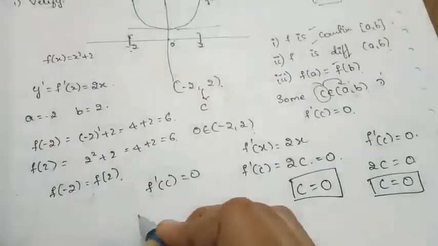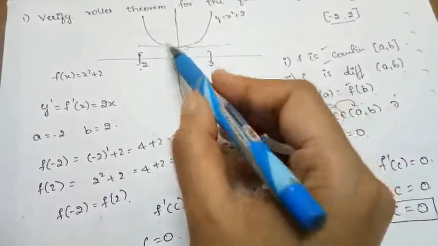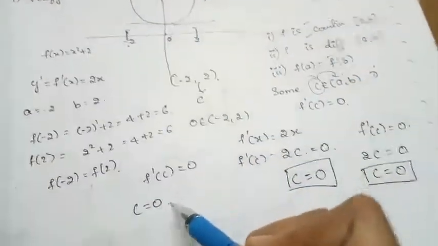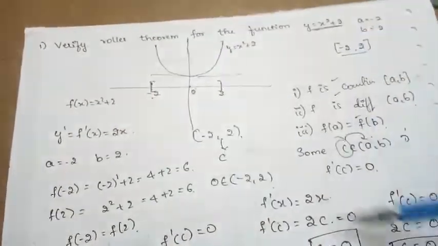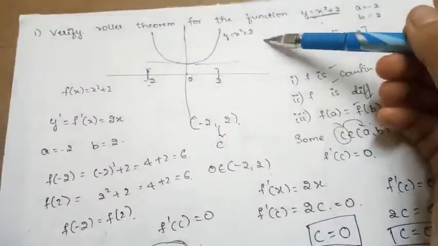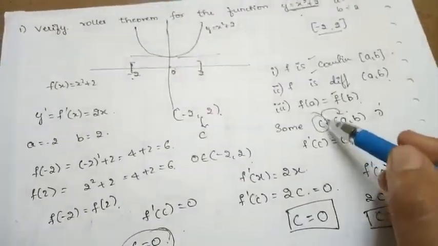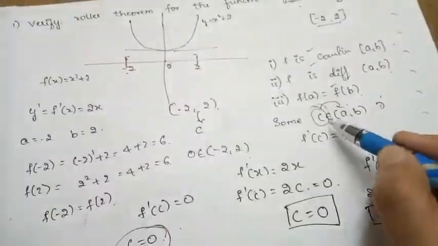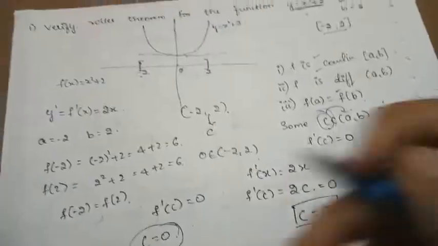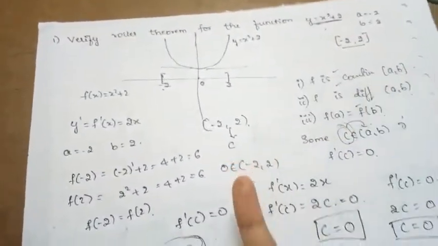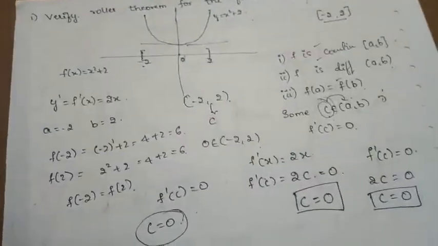So at the point c is equal to 0, the derivative of this curve is equal to 0. So this given function is satisfying Rolle's theorem, and that point is nothing but c, and we got that point as 0. This is how we are verifying Rolle's theorem and solving the problem based upon Rolle's theorem.